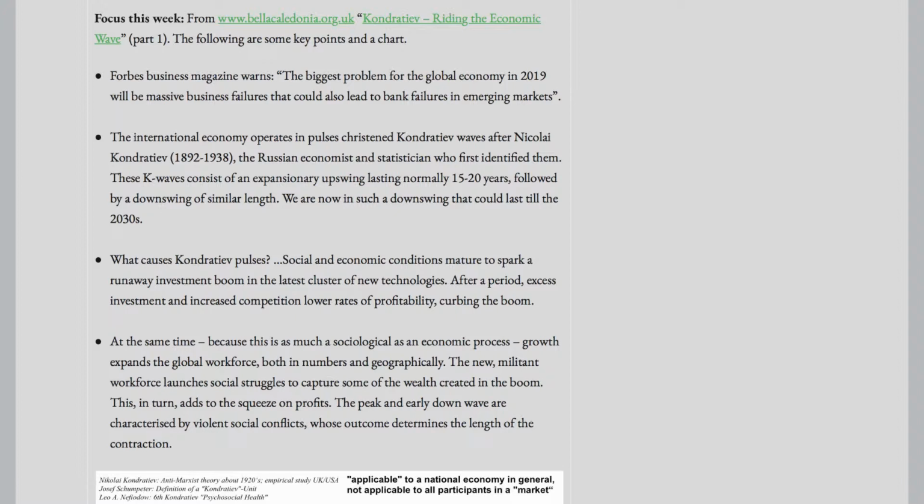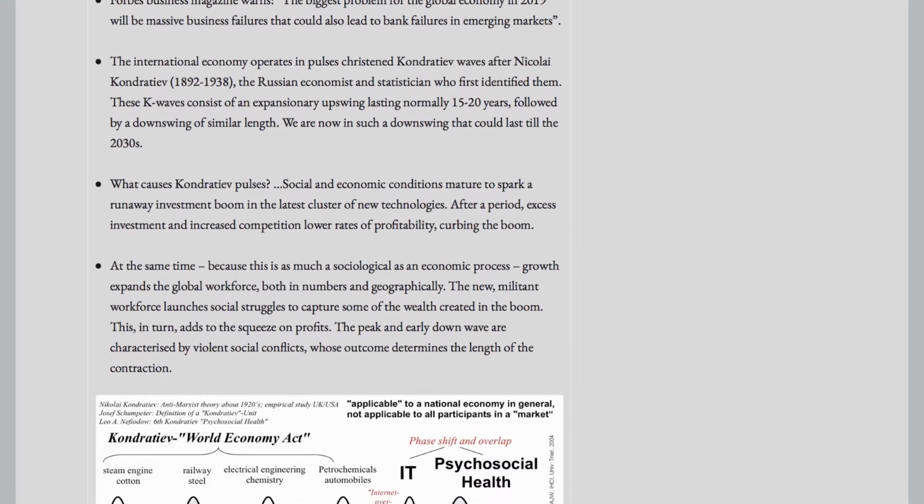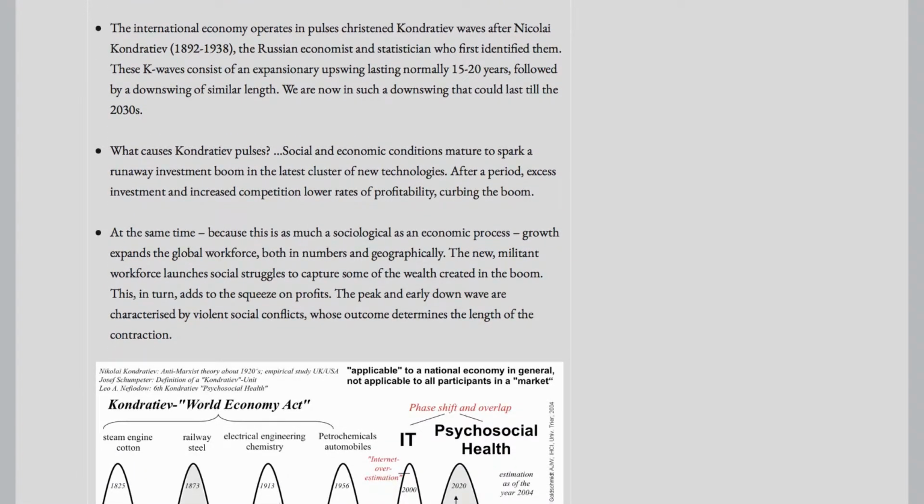These K-waves consist of an expansionary upswing lasting normally 15 to 20 years, followed by a downswing of similar length. We are now in such a downswing that could last till the 2030s.